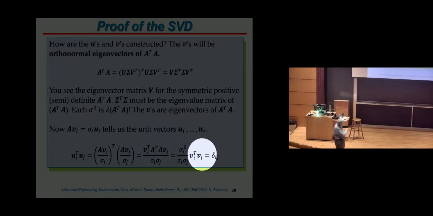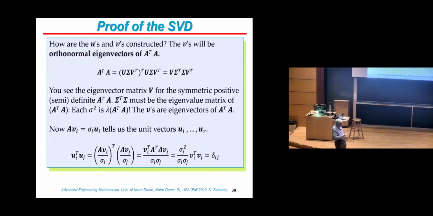But we started with an orthonormal basis in the row space. So vi transpose vj is equal to what? It's delta ij. It's either 1 if i equals j, or 0 if i is different from j, because by definition it's an orthonormal basis, so vi is perpendicular to vj.